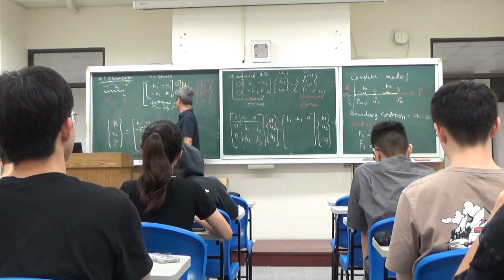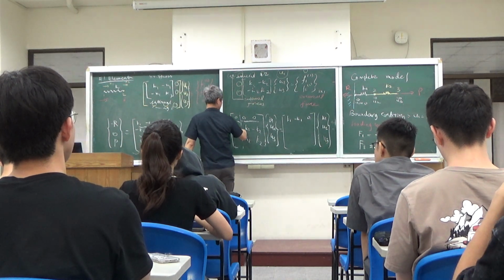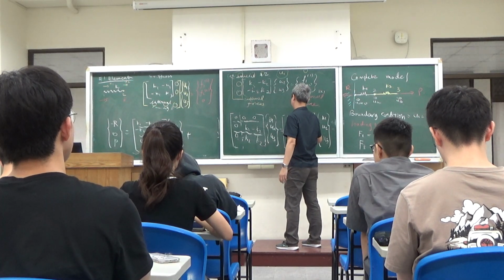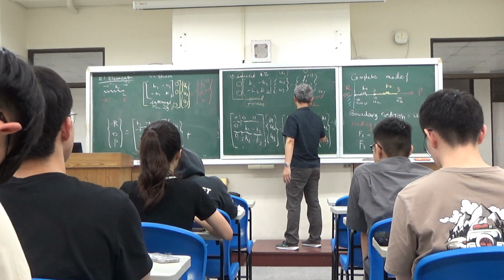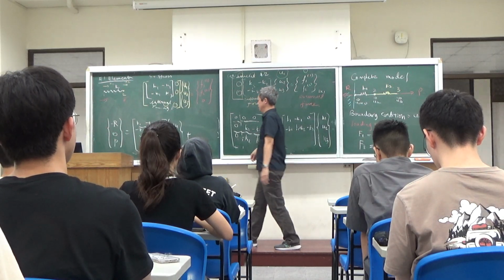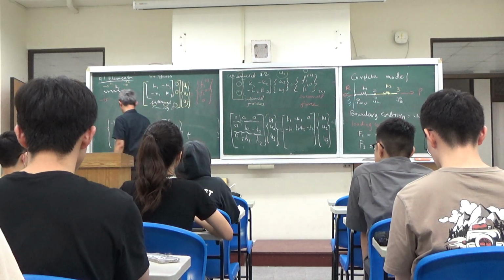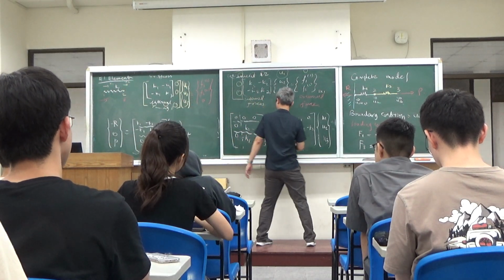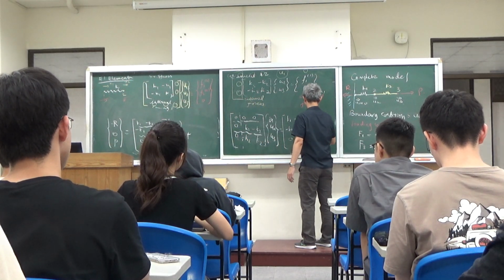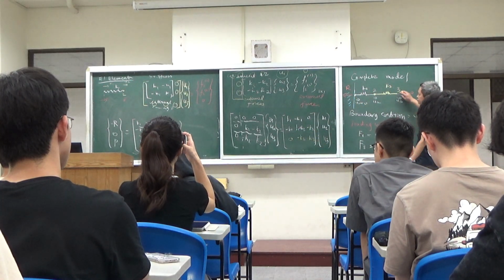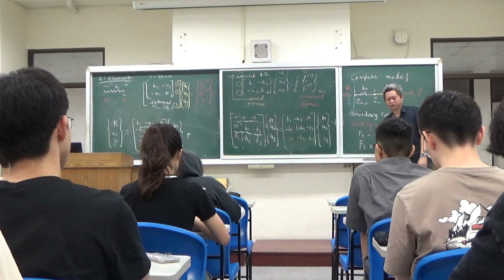The second, you have your minus K1, K1 plus K2, then minus K2. And then the last row is 0 minus K2, K2. Okay? And then now, how do you solve this equation?